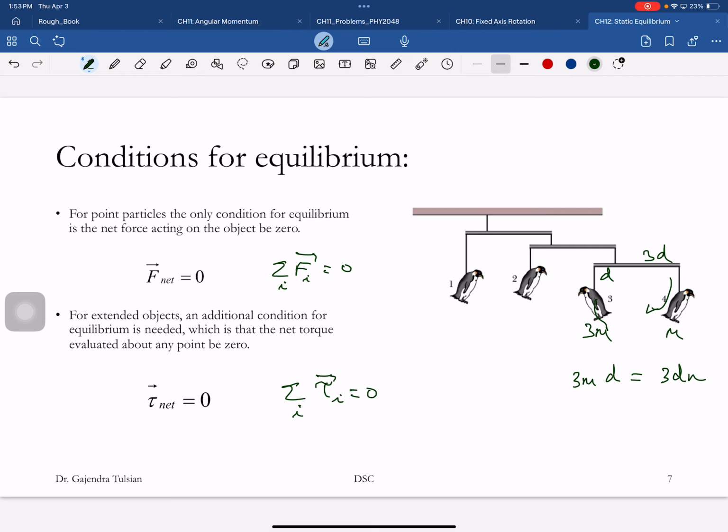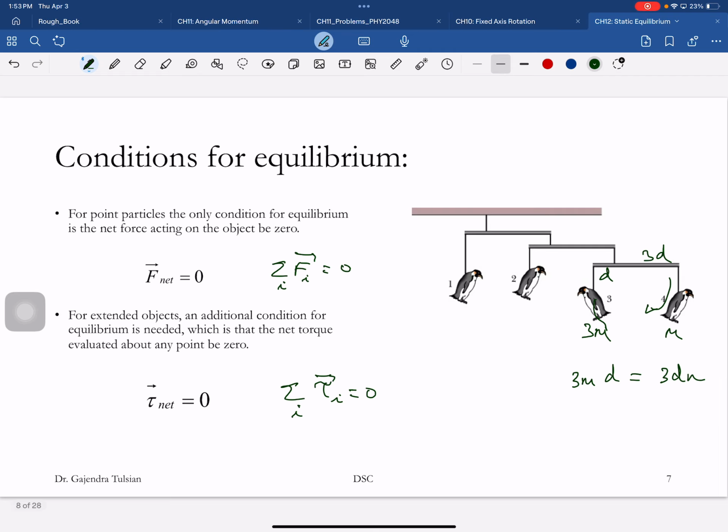These two combined are 4M. 4M times 3D should equal this times D, so this guy is 12M.